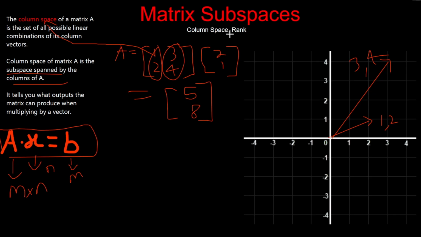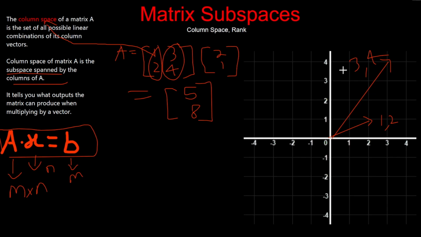So let's talk about rank. Rank is nothing but the number of dimensions which the rows of the matrix can extend, or the column space can extend. So it's just the dimension of the column space. In other words, we can say that the rank is the number of linearly independent columns in the matrix.